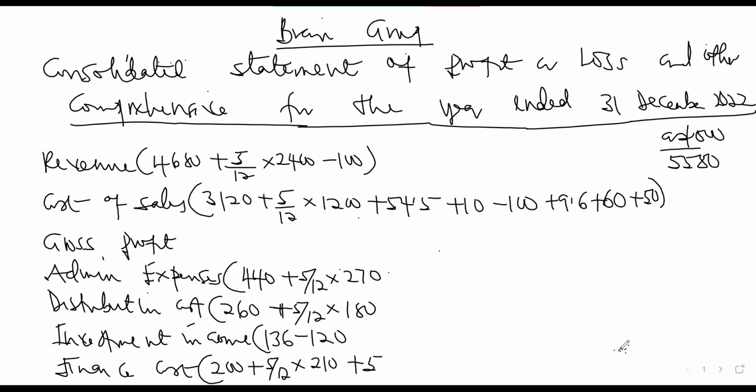All right. So our cost of sales figure: 3120 plus 500 plus 3704.1 plus 10 minus 100 plus 9.6 plus 60 plus 50. 3704.1.